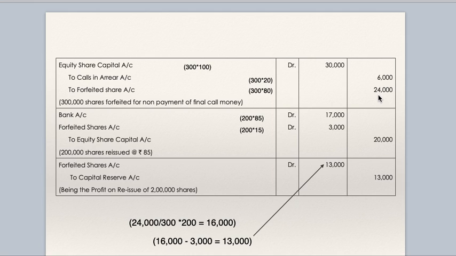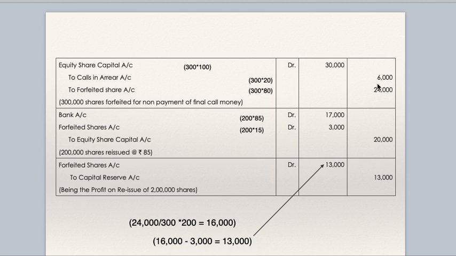So for 300 shares it is 24,000. For 200 shares how much? It is 16,000. From this 16,000 deduct 3,000 which you have debited to forfeited shares account. 16,000 minus 3,000 is 13,000, which gets transferred to capital reserve. So forfeited shares account debit to capital reserve 13,000.